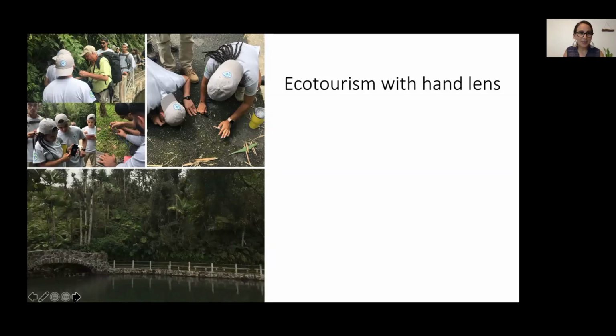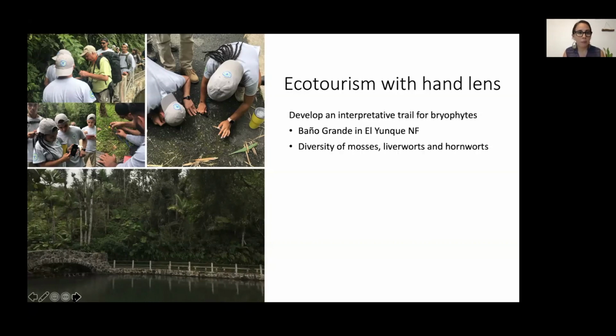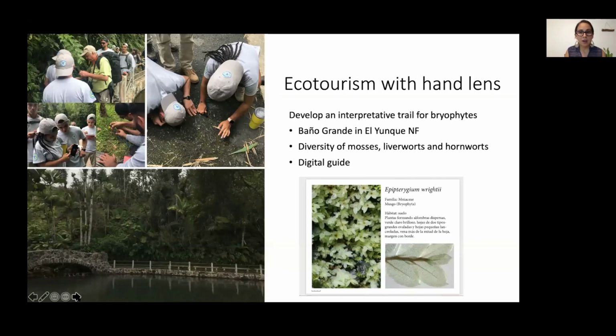Then the last one, and you can click through them, is that I want to develop an interpretative trail for bryophytes. And that is in El Yunque. We're trying to develop this guide, and this is the educational side, where you can do ecotourism with a hand lens.